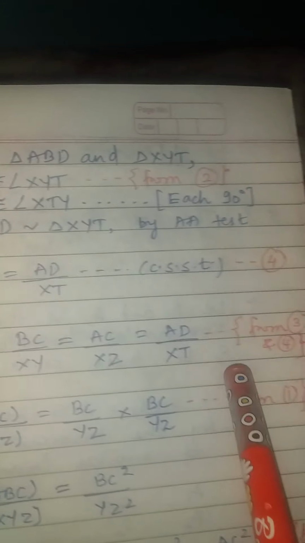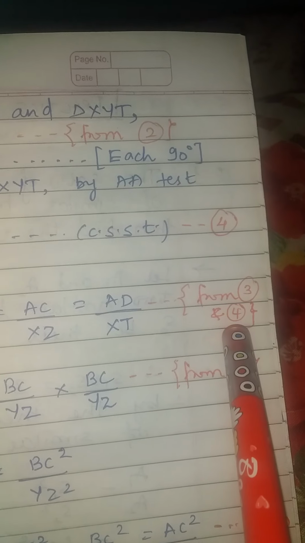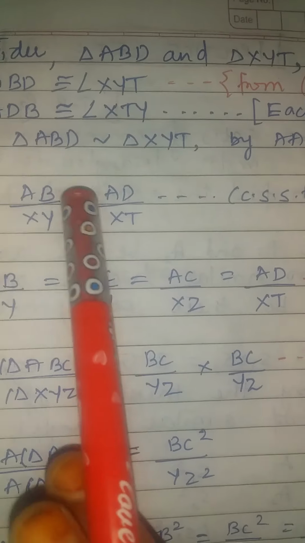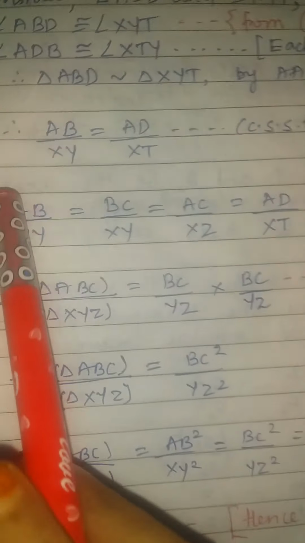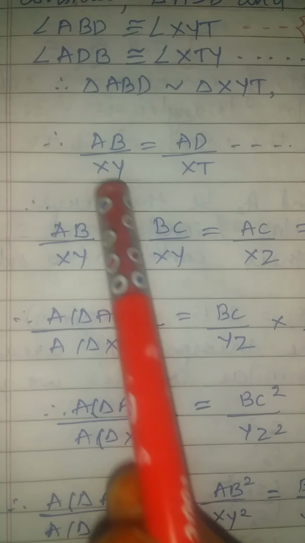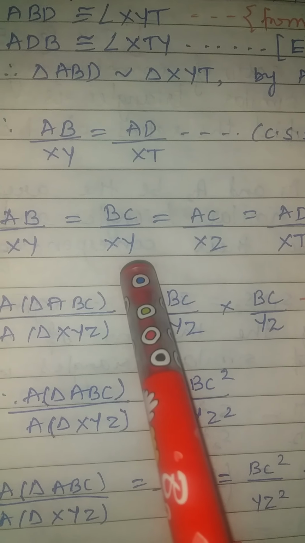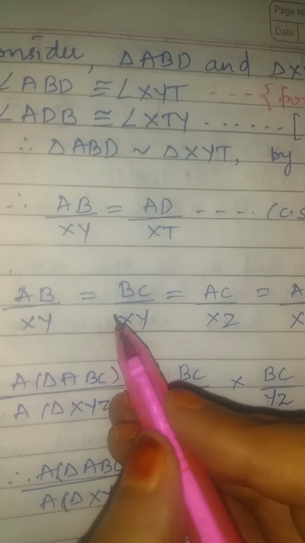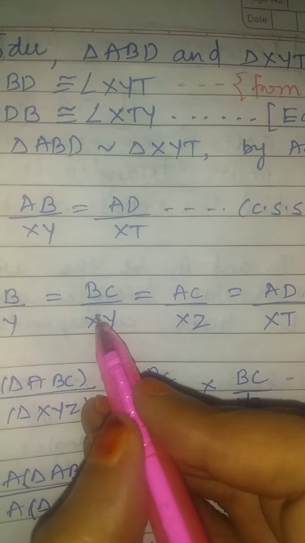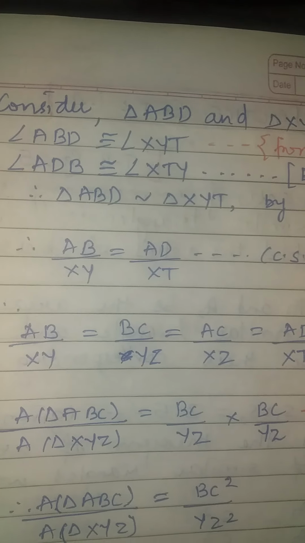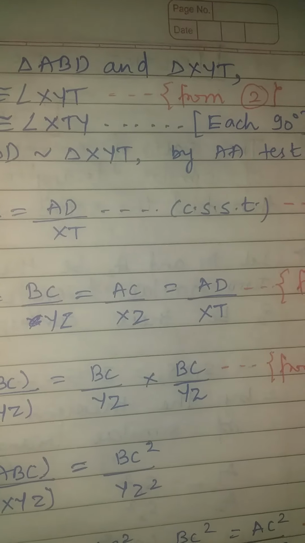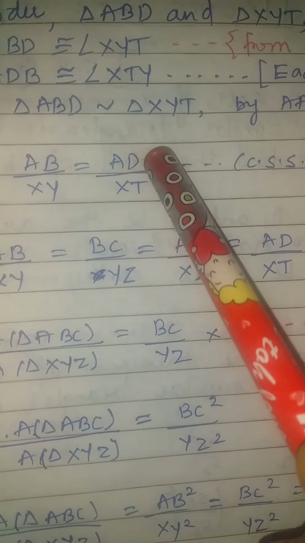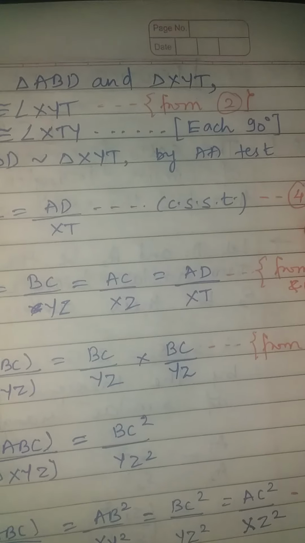So from equations 3 and 4, what do we get? Let us write all the 4 ratios together since they are equal. We'll have AB upon XY is equal to BC upon YZ, which is further equal to AC upon XZ, and these three ratios from equation 3 are further equal to AD upon XT, that is from equation 4.